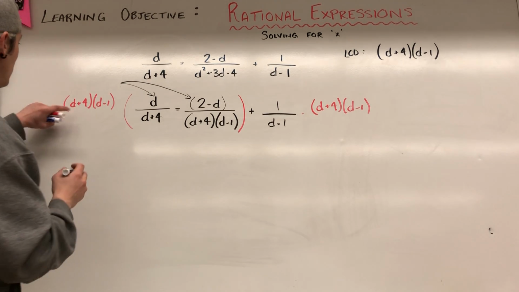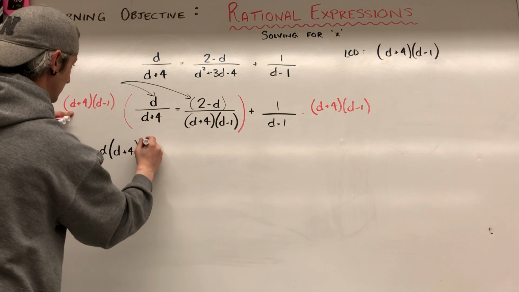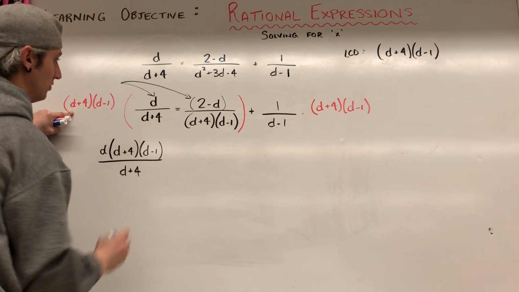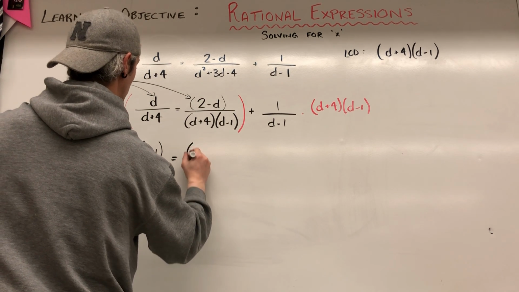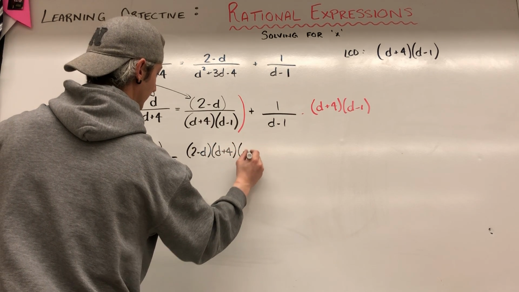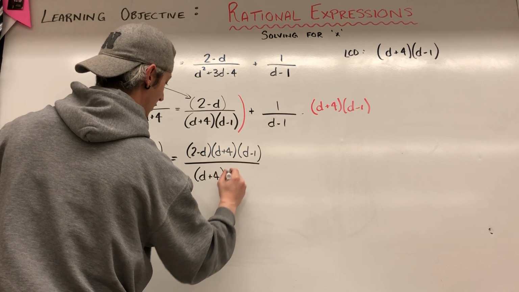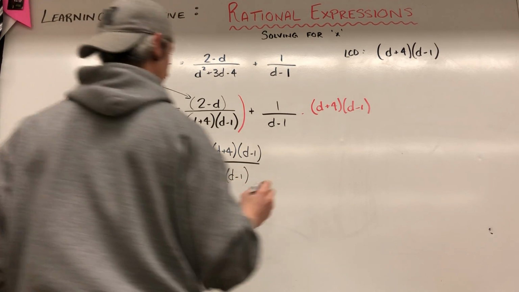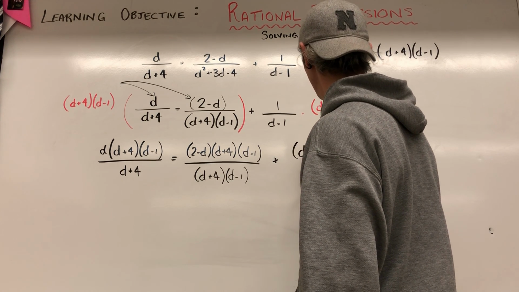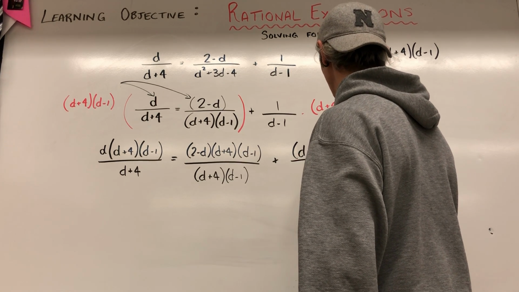So when I do that, I get d times (d plus 4)(d minus 1) over (d plus 4) is equal to (2 minus d) times (d plus 4) times (d minus 1) over (d plus 4)(d minus 1), plus (d plus 4)(d minus 1) over (d minus 1).